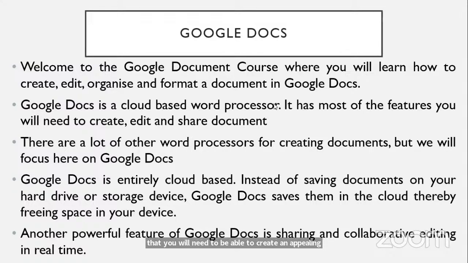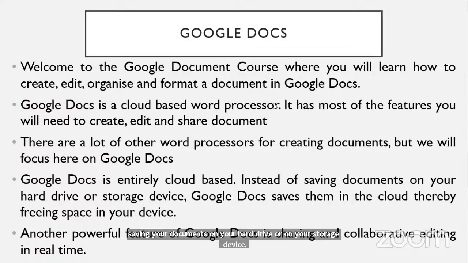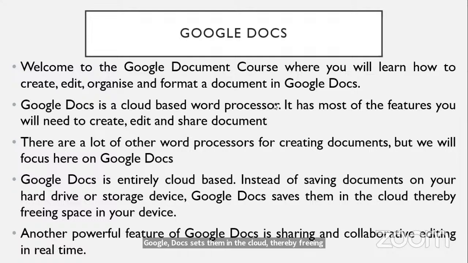And there are a lot of other word processors for creating documents, of course, like there's even Microsoft Online. There is one from LibreOffice, and there's one from WPS and so forth. Google Docs is entirely cloud-based, and instead of saving your documents on your hard drive or on your storage device, Google Docs saves them in the cloud, thereby freeing space in your device.